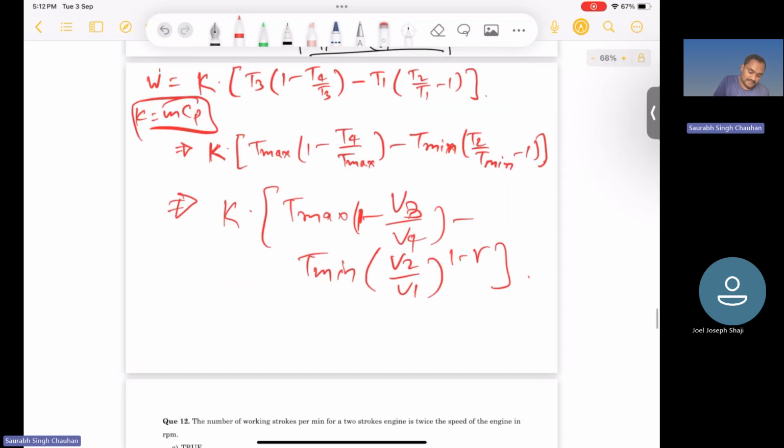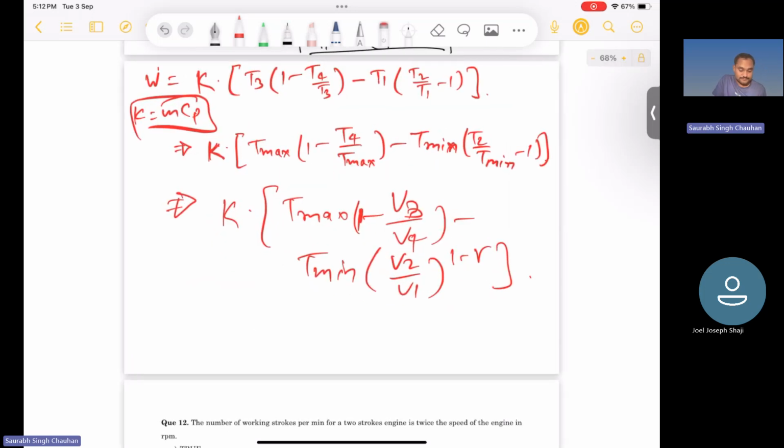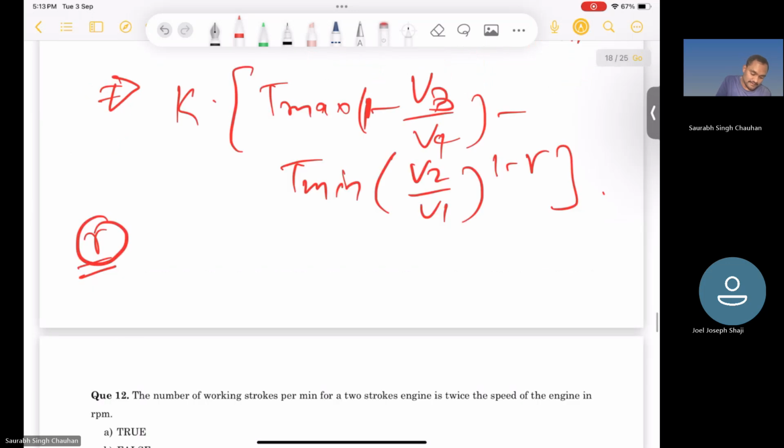Now you can differentiate this equation with respect to R. But before differentiating, you will have to write all these volumes in terms of R. Then you will do differentiation of W with respect to R and make it 0.